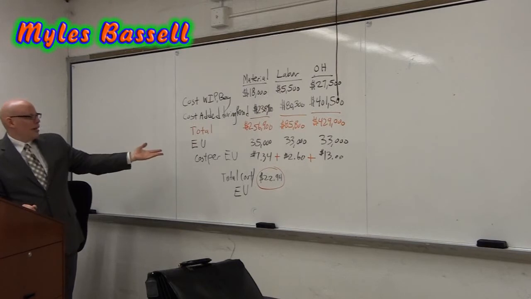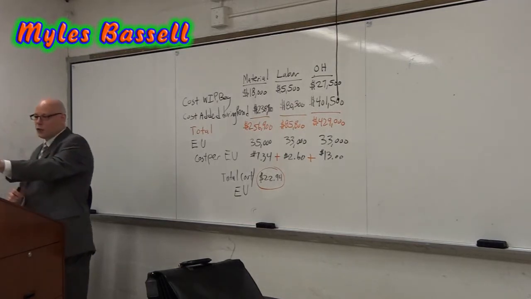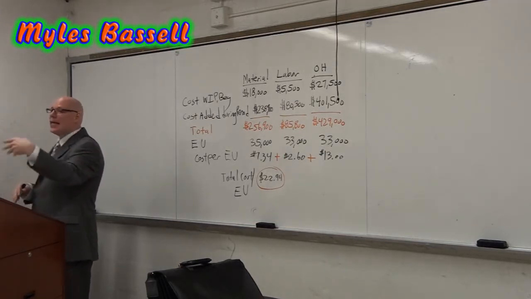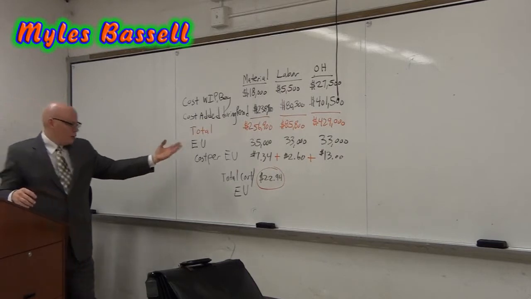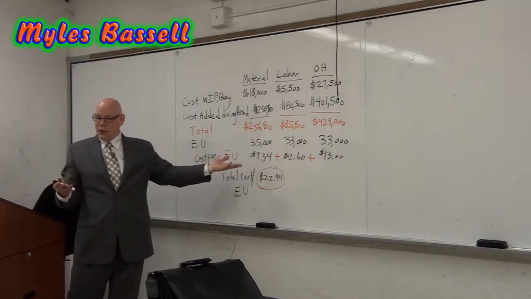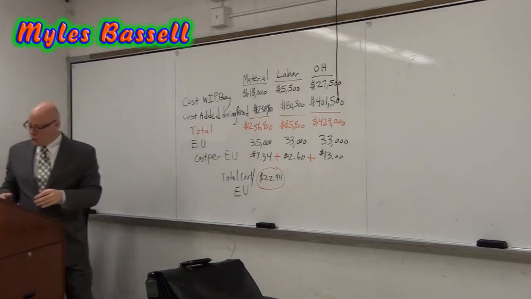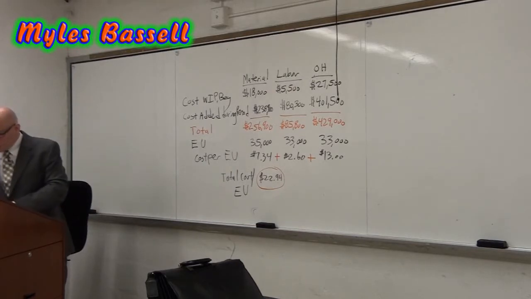So what we're trying to understand now is the equivalent number of units, which means taking into account the partially completed goods, and then once we know that, in this case they tell us, we don't need to compute that, what is the cost per equivalent unit? So let's take another example.